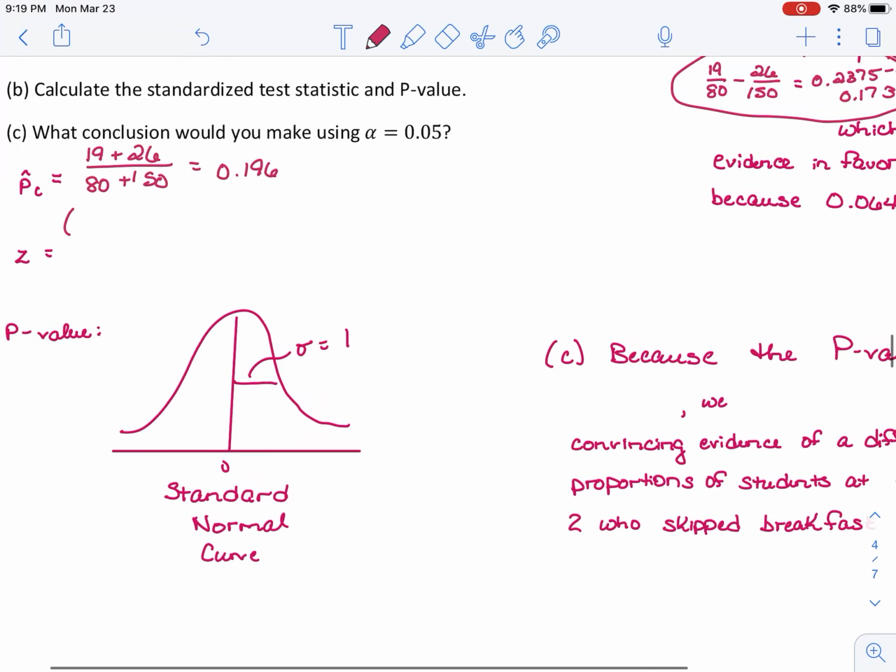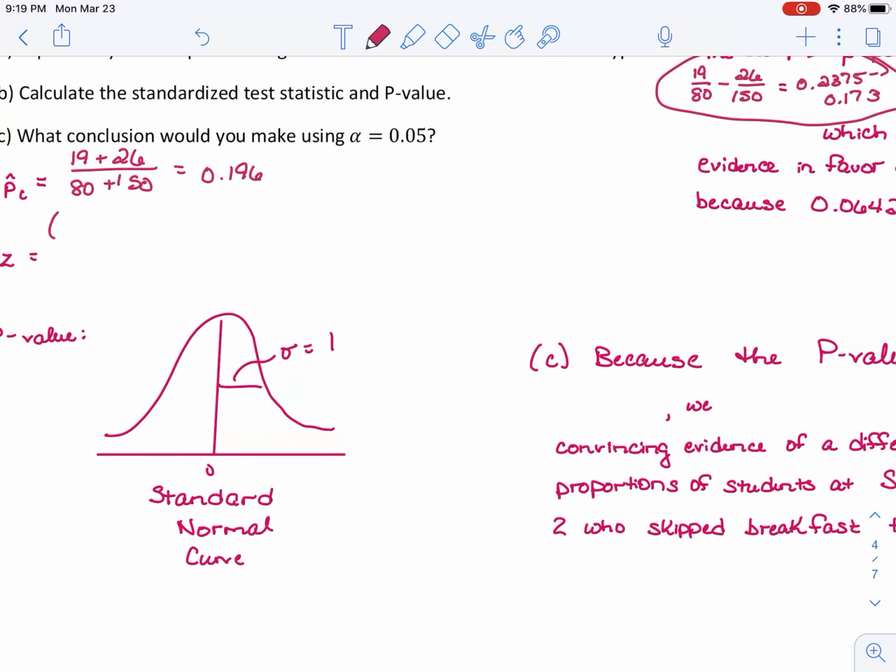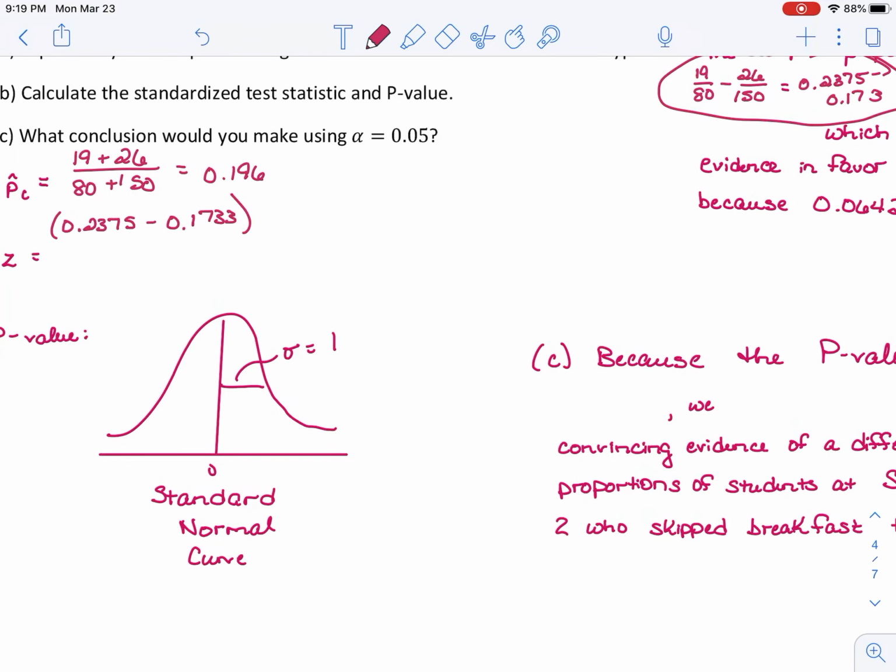To keep from writing fractions and a fraction and a fraction, if I can avoid it, I'm going to write out the decimal equivalent of this. So 0.2375 minus 0.1733. So this, my statistic, my sample values, minus the parameter. We're going to assume it's 0 until we can prove otherwise. All over that god-awful denominator.